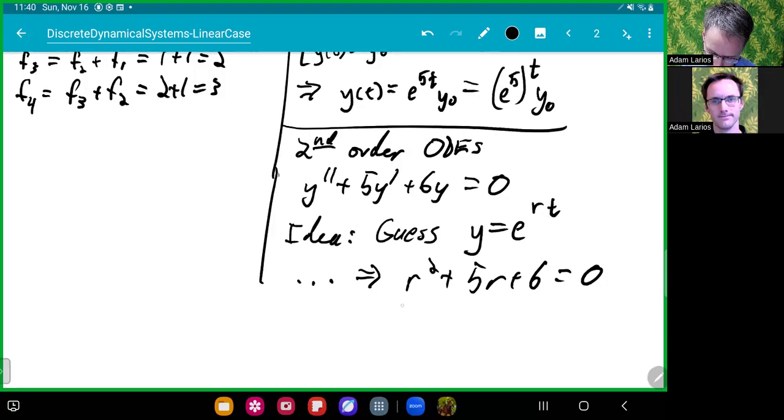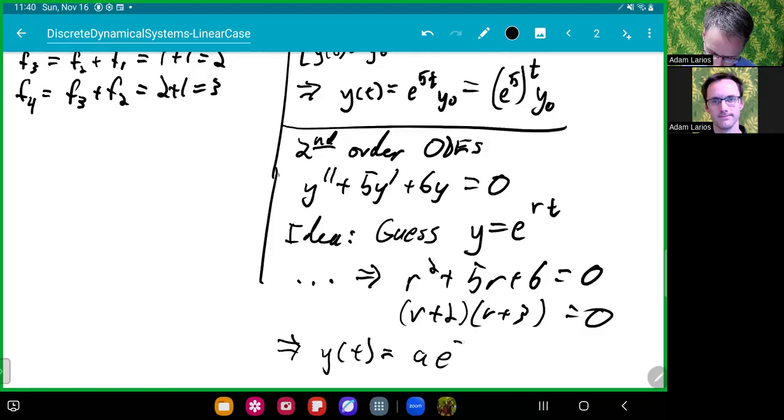We can factor this as (r plus 2)(r plus 3), and the solutions are -2 and -3. So our general solution is of the form some number times e to the -2t plus some other number times e to the -3t.